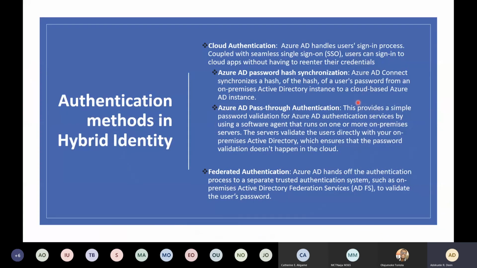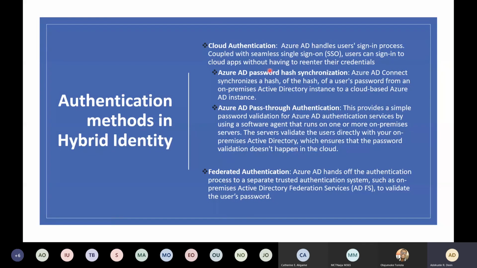Without further delay, let's move on to the authentication methods. Like I said in our agenda, we have three. I'm not going to deep dive into all of this, I'm just going to give simple definitions. Mainly, there are two: the cloud and the federated.